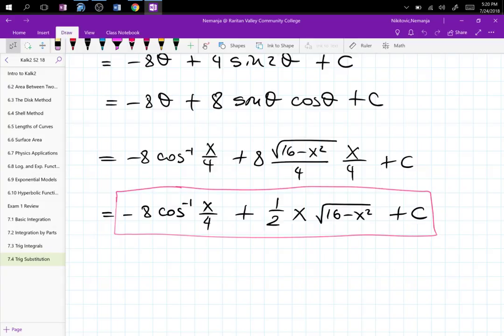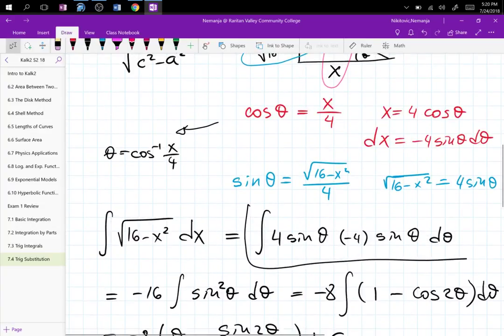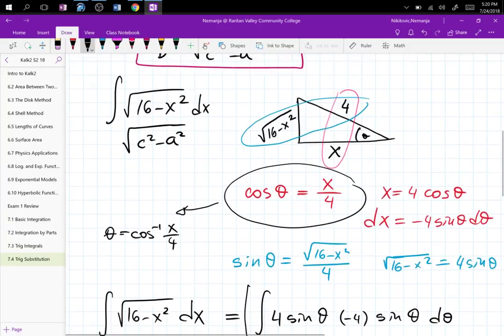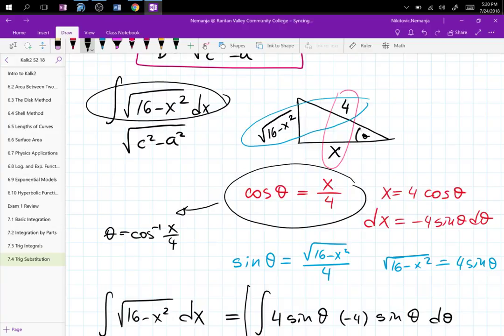So all of the trig substitution problems are done this way if you want to use the Pythagorean theorem. Without the Pythagorean theorem, you memorize this when you see the shape of the problem. You memorize that, and then you keep plugging these things in.